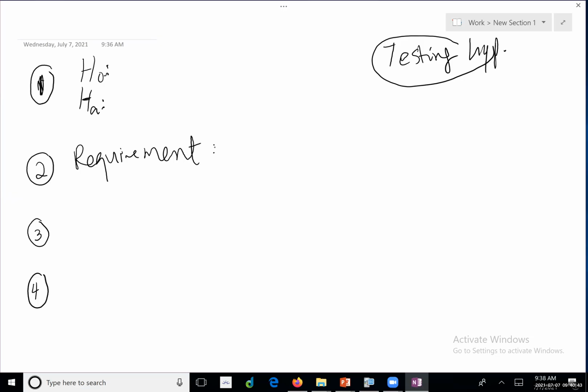In the case of proportion, we have to have a minimum of 5 successes and 5 failures. 545 were the successes because that was in favor of the claim, and out of 1009, the remaining would have been failures.